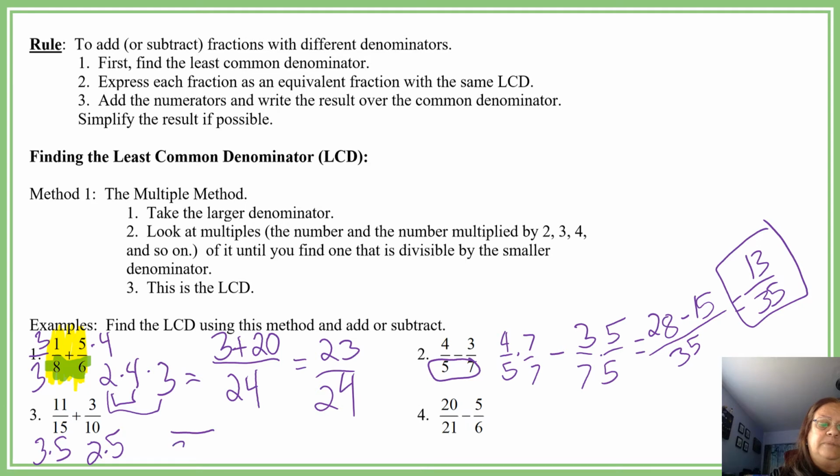So my new denominator is 30. Now I look at the 11. Well, the 15 needs another 2 to get to 30, so 2 times 11 is 22. The 10 needs a 3 to get to 30, so it's 3 times 3, which is 9. 22 plus 9, 31 over 30.